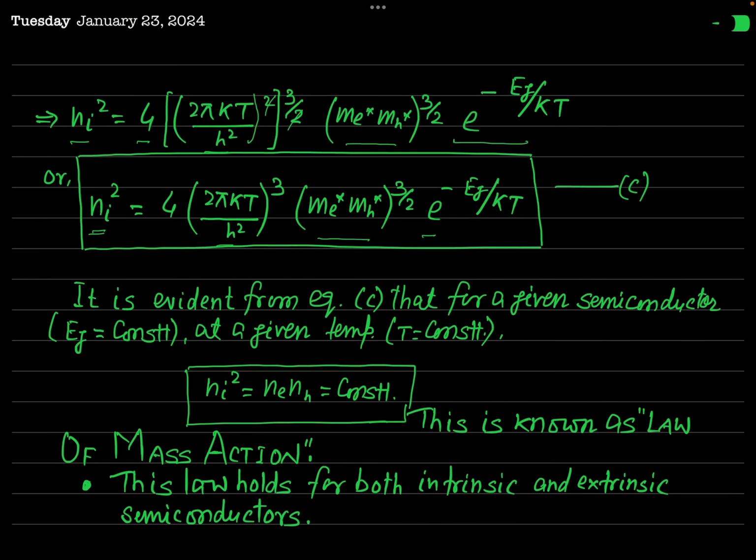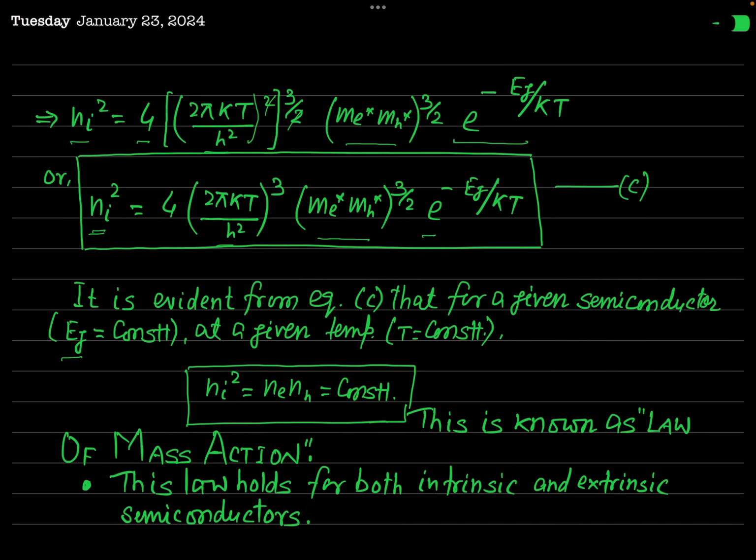And from this result you can see that in case of a particular given semiconductor, this Eg is constant. This Eg will be different for different intrinsic semiconductors, but for a particular semiconductor it will have a particular value.